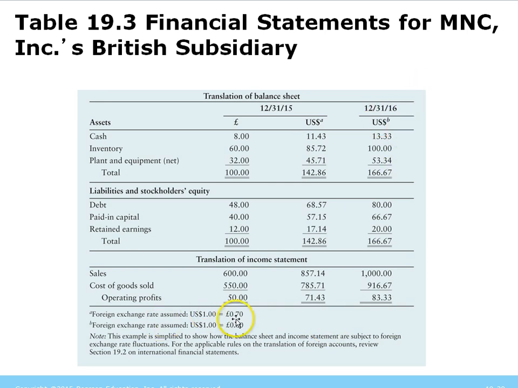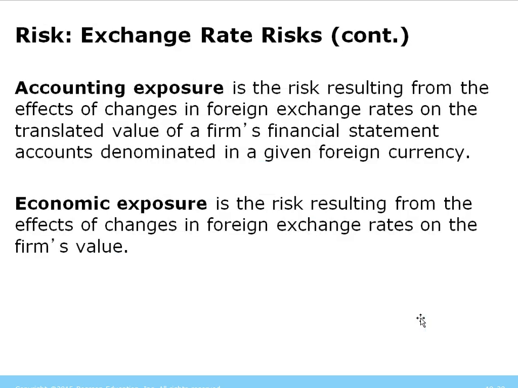So we have the foreign exchange rate assumed from the US dollar to the pound, and the foreign exchange rate assumed from A to B. So this is A translated to B between 2015 and 2016. This currency stays stable, but we have a different rate in 2015 compared to 2016, which changes the overall value of the balance sheet in dollars.